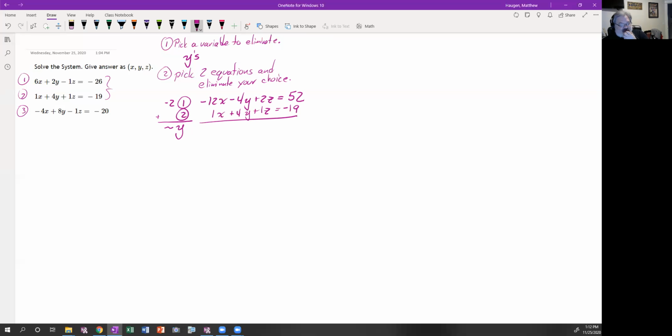So if we add those together, we will have an equation in only x and z. Cool. What? -11x plus 3z equals what, 33? That's wrong, tell me. 33, yeah, okay.